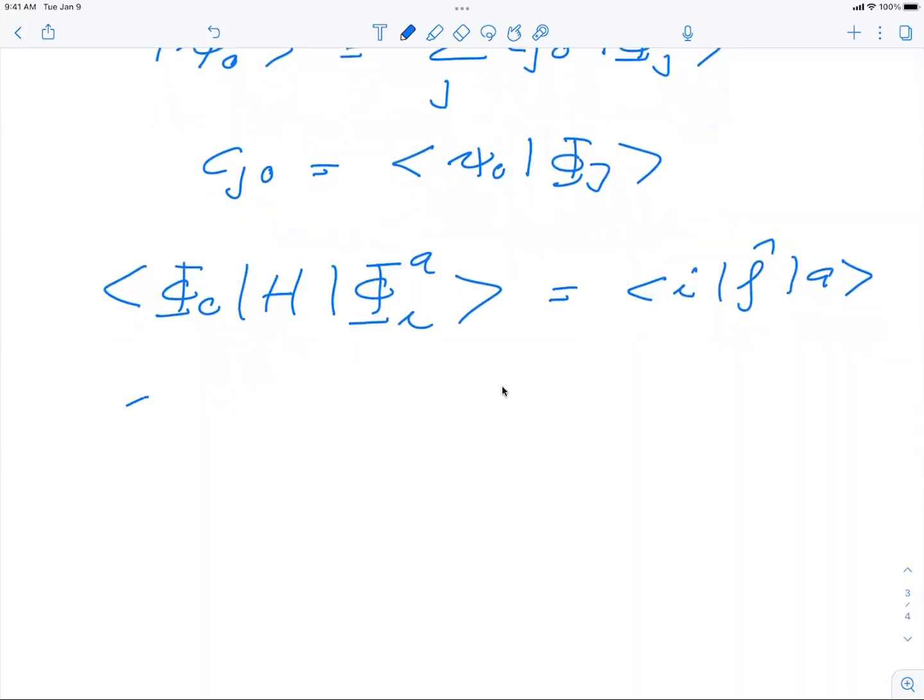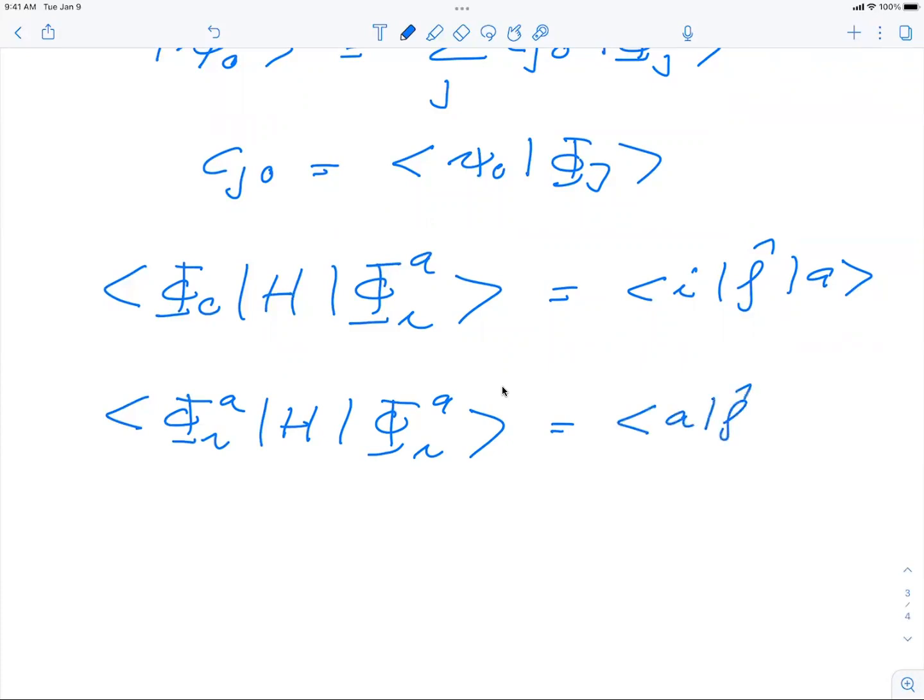We also calculated the diagonal matrix elements between the same one particle, one hole excitation. And what we found in that case is that this was given by A minus I, and we have an F of I, plus the reference energy.